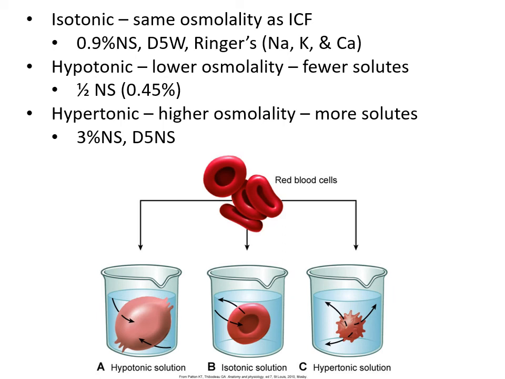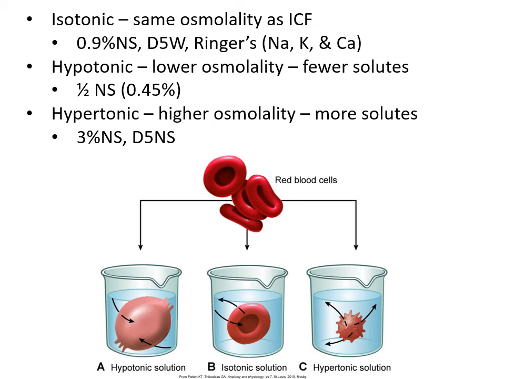So we don't use it very much for maintaining patients on intravenous fluids. We use 0.9% normal saline or Ringer's lactate because they're not going to cause the cells to swell and they're not going to cause the cells to shrink, right? They're isotonic. Hypotonic, so meaning less solutes within the solution that we're giving, within the IV solution.